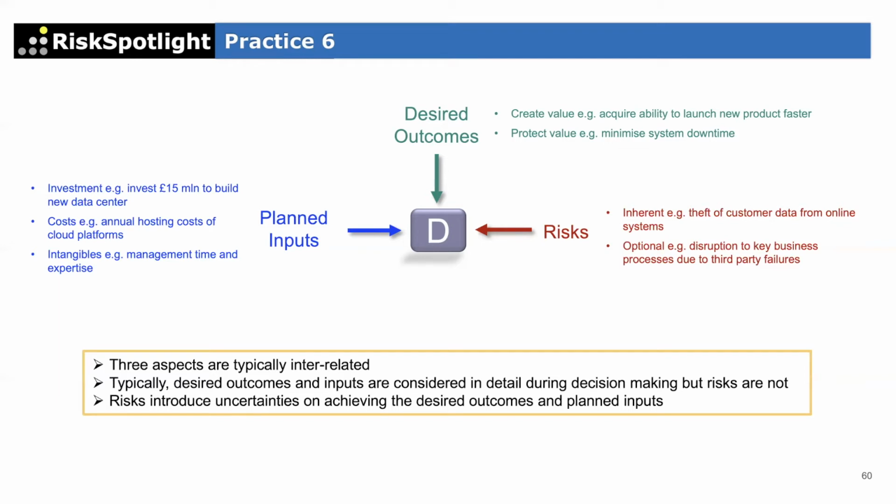So in the context of risk, there are two types of risk you may have to think about. There are inherent risks. If you are providing access to your online banking system on the internet, then of course cyber criminals can also get access to that. So theft of customer data from the online system, because you've exposed your system on the internet, is just an inherent part.